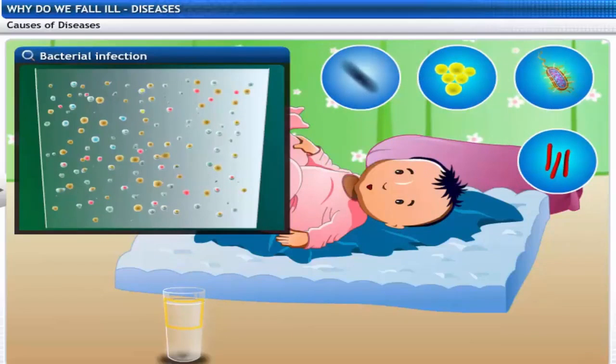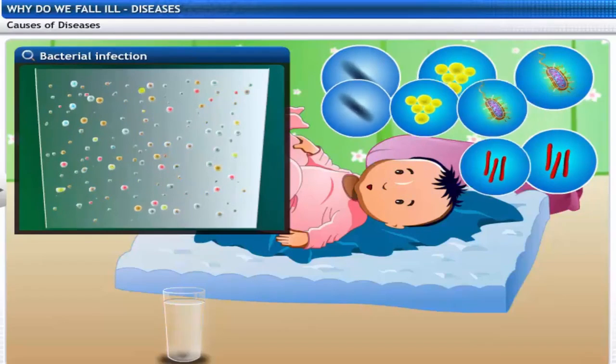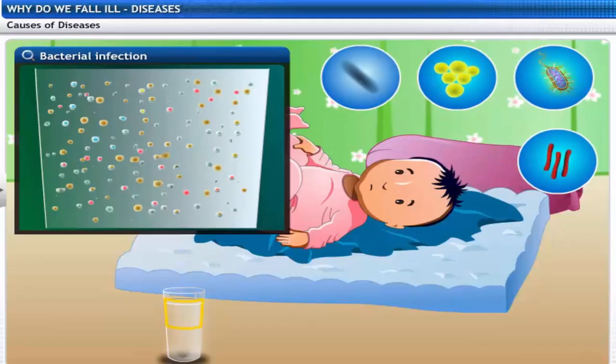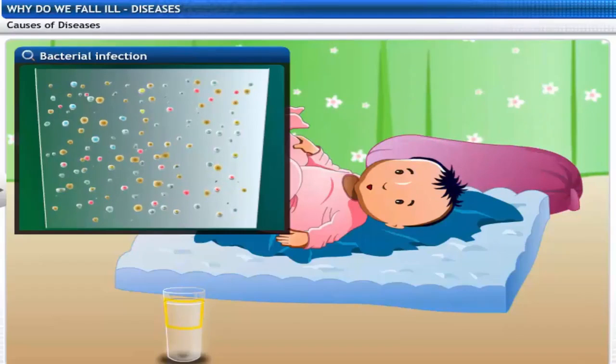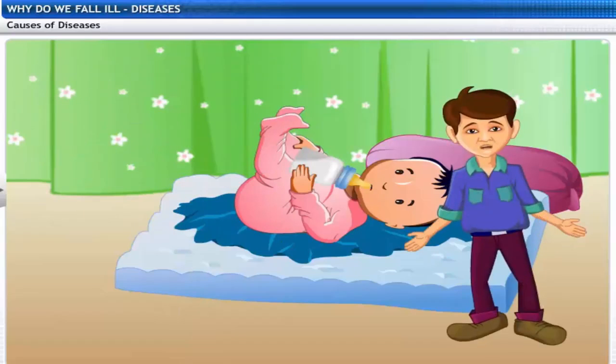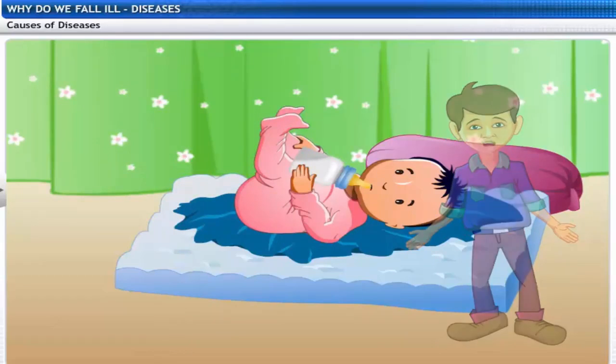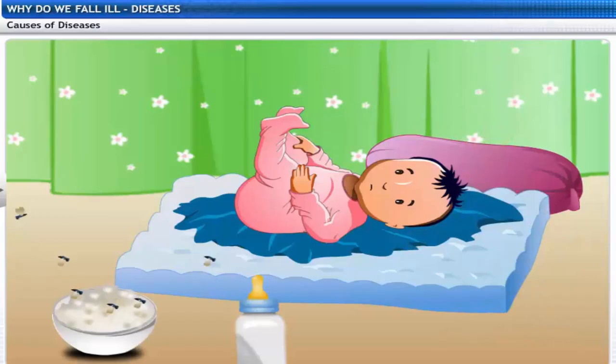So, lack of clean drinking water becomes a first-level cause of the disease. What else could be the causes of this disease? The baby might not be well nourished. Okay.